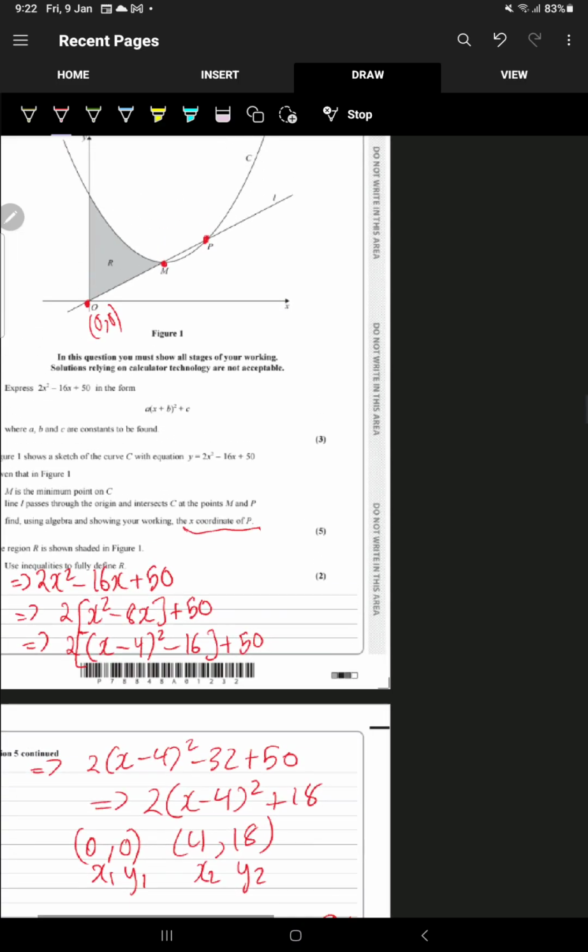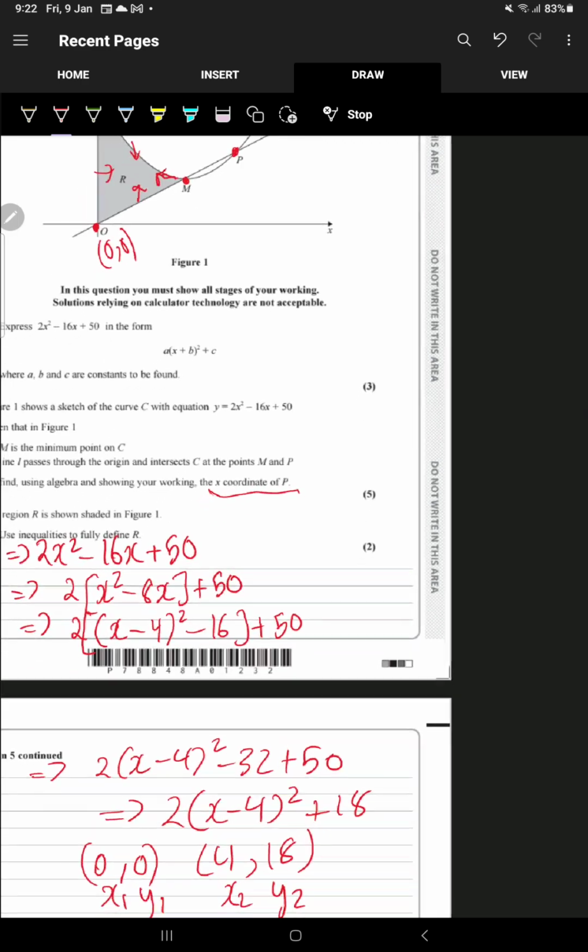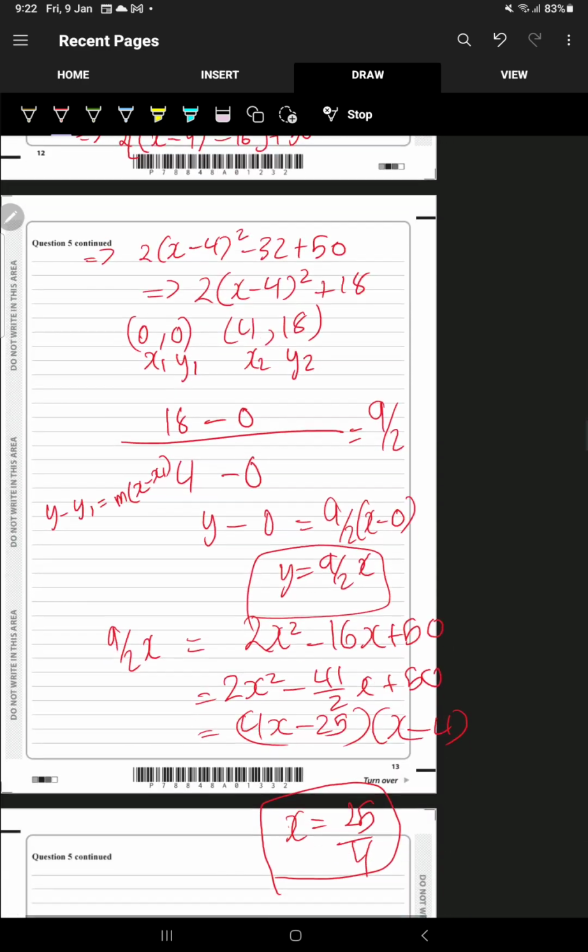What else? Now use inequalities to define the region R. We can say that x is greater than 0. This line here, and this equation: this is above the line, this is below the line, and there's a limit here, the minimum point, so we are towards the left.